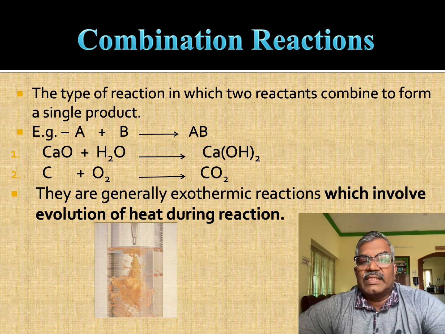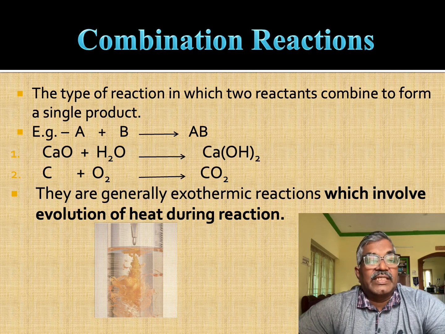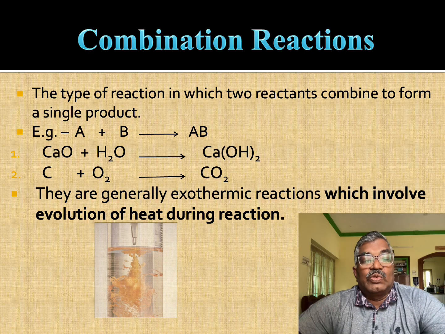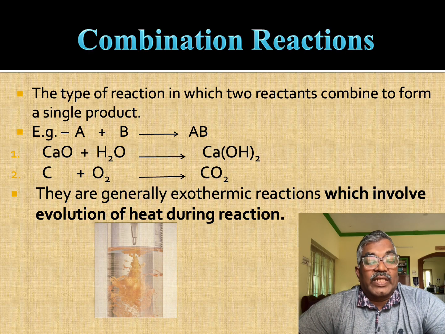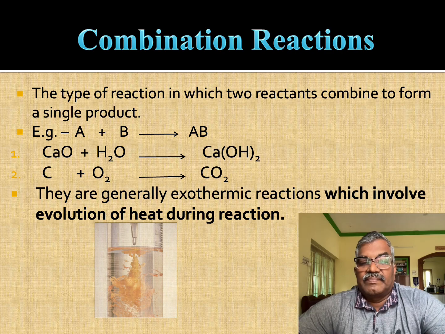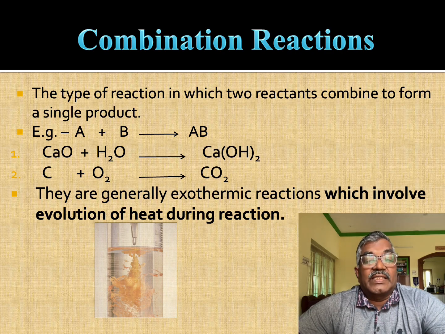So combination reaction is an exothermic reaction. So what is a combination reaction? I already told you, when two reactants combine to form a single product. That is what a combination reaction is.